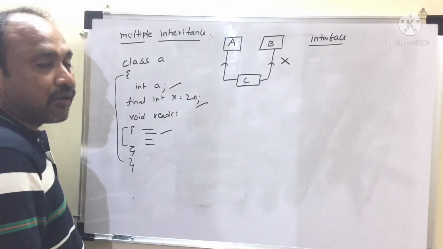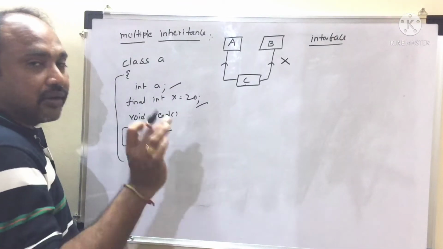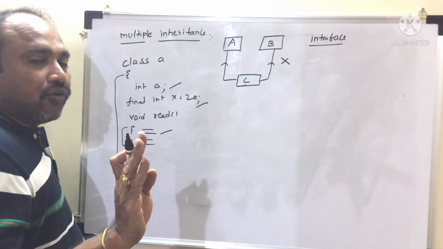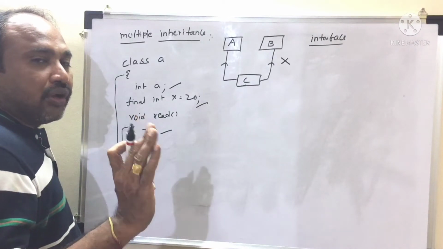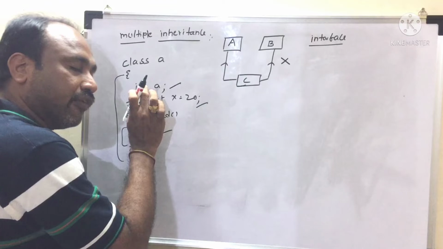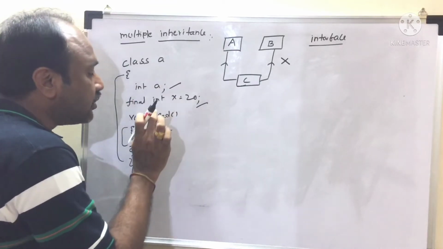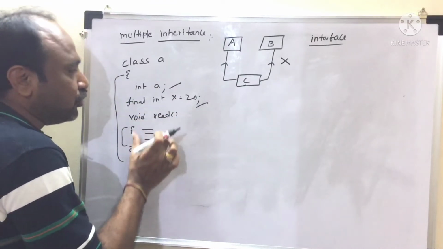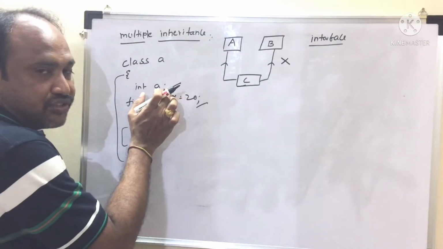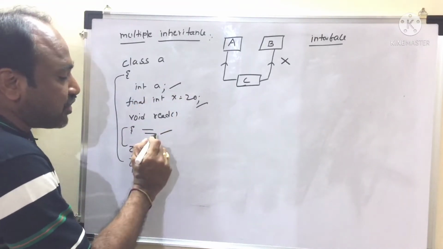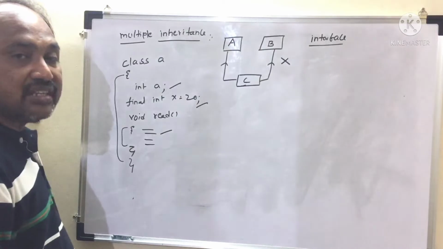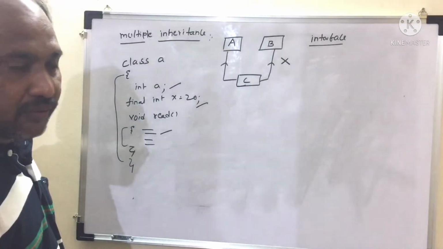We will discuss abstract classes later. As of now, think of a class as containing variables, constants, and methods. Methods are used to access variables. A method which is having statements is referred to as a concrete method.